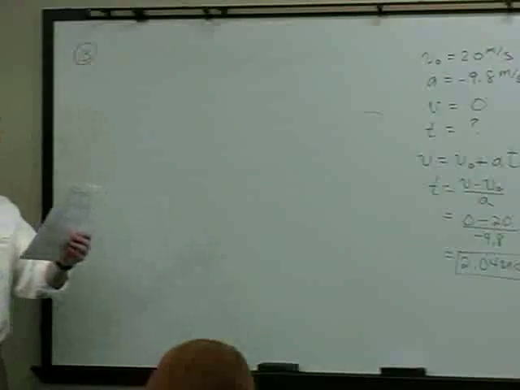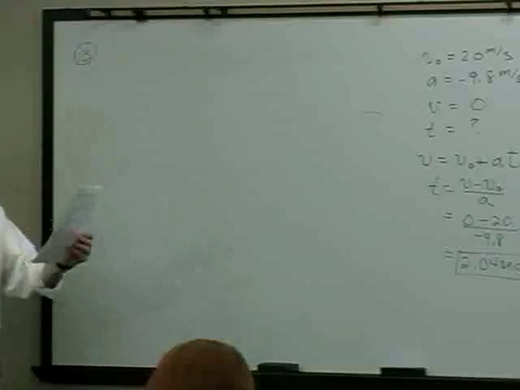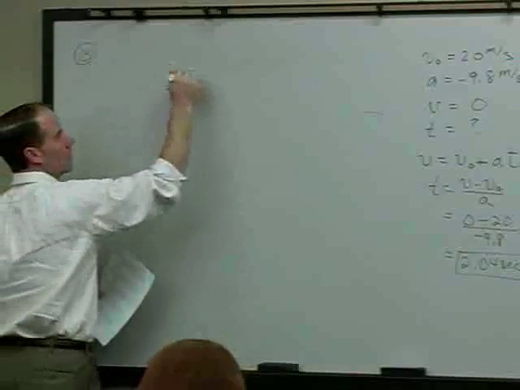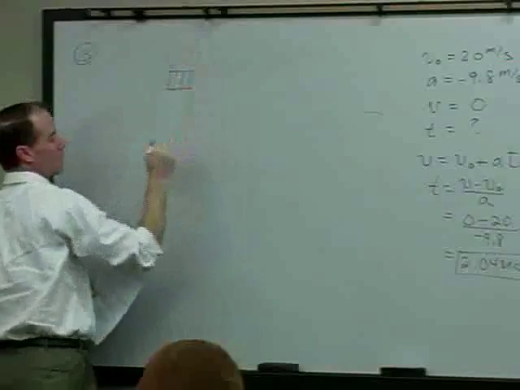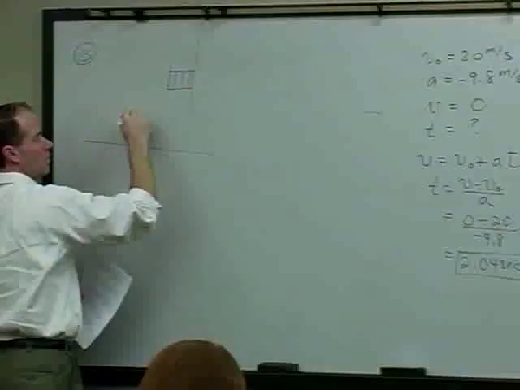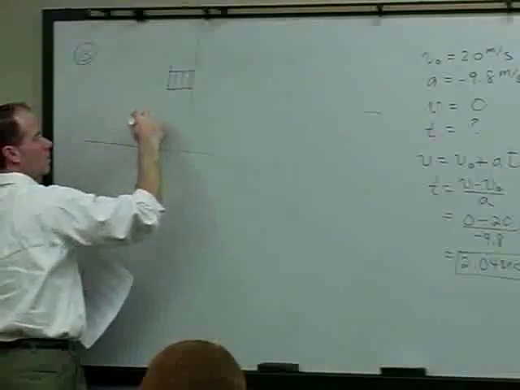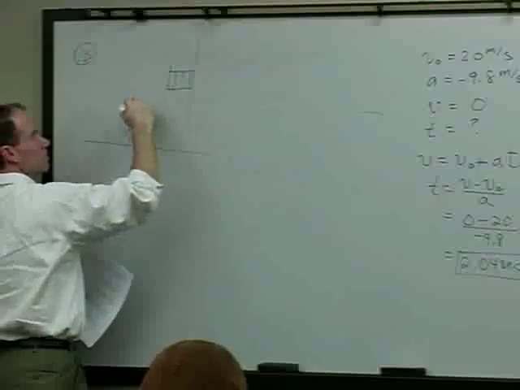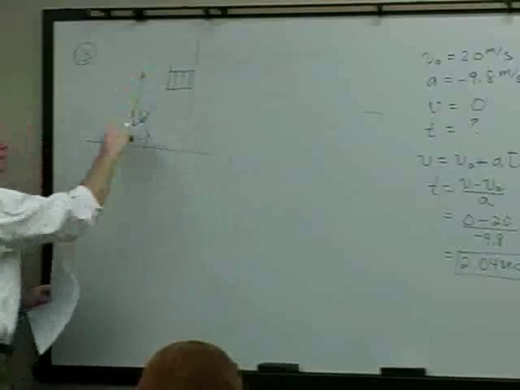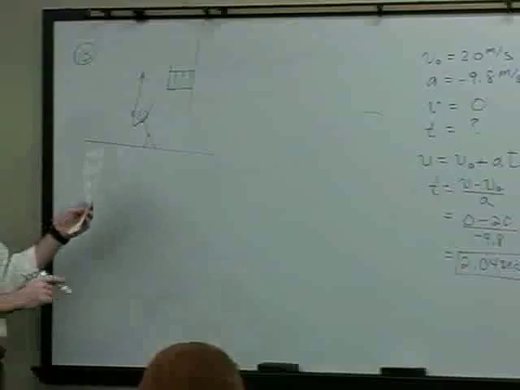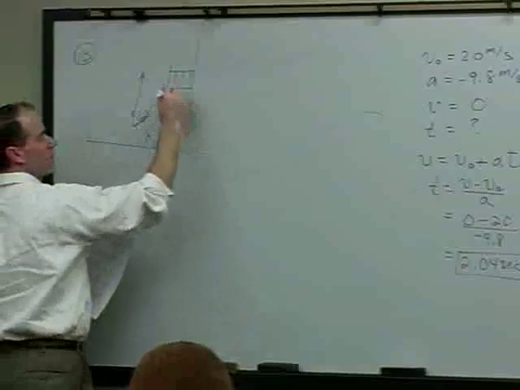A ball thrown vertically from ground level is caught 3 seconds later by a person on a balcony. I'm saying basically this person's underneath the balcony, 14 meters above the ground.